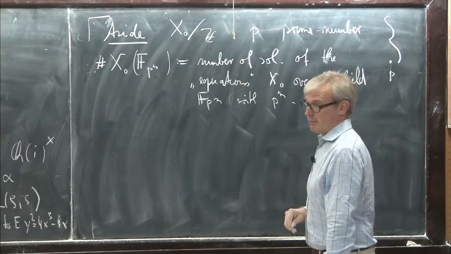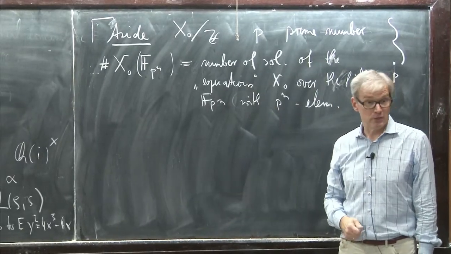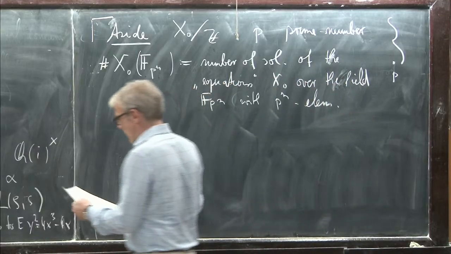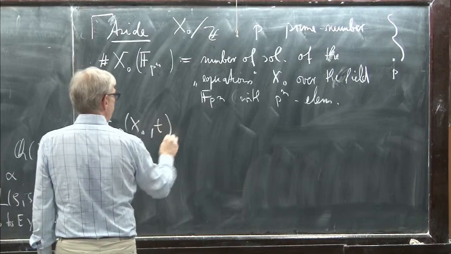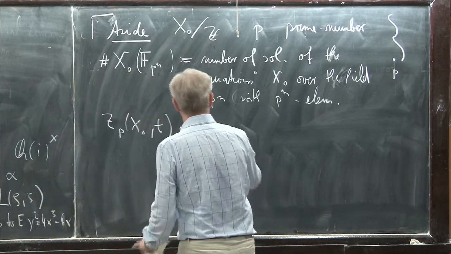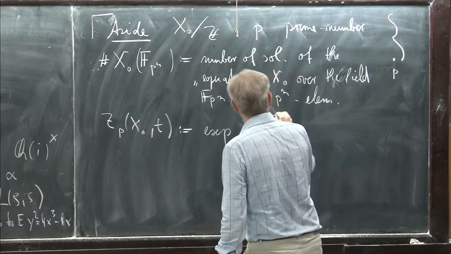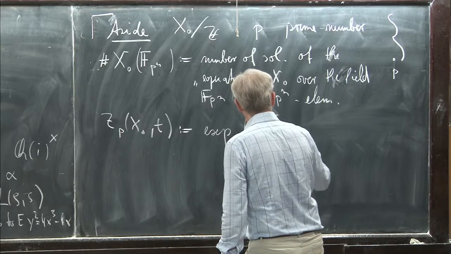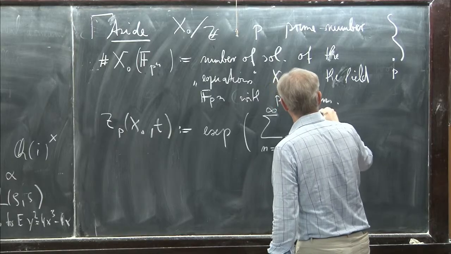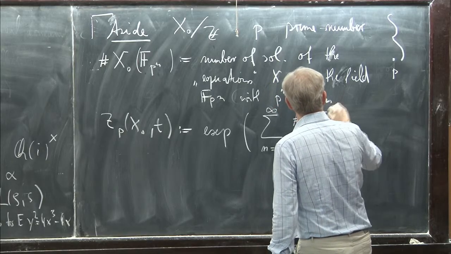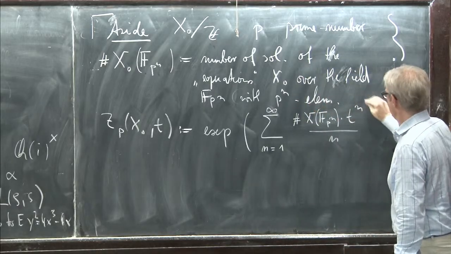And now we do the following. If you have such a sequence of numbers, there should be one reflex: you put it into a generating series. Let's do that. So I call this Z_p(X_0, T). It looks a little bit strange, but I don't explain why. So we look at the following series, n equals 1 up to infinity, of the number of solutions over F_{p^n} times T to the n, and for normalization reasons, we divide by n.